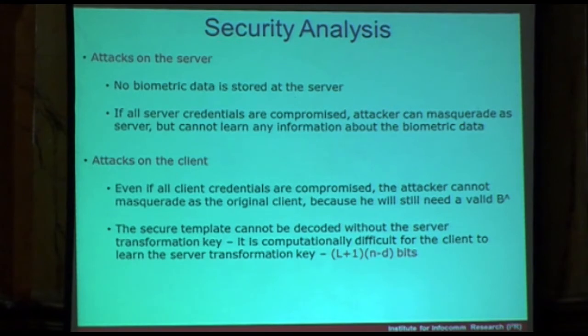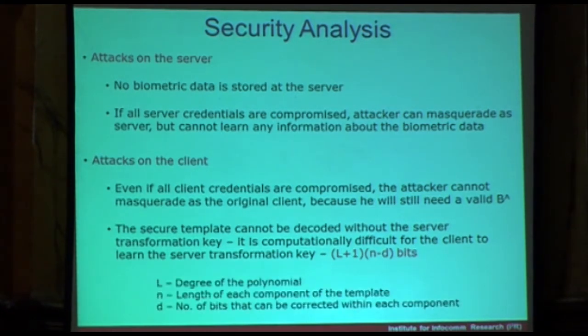It wants to recover the server transformation key from the secure template, but that is not easy even if you have the original biometric data. You still need to do a brute force guessing of these many bits. Here, L is the degree of the polynomial used in the error correction, N is the number of bits in each component of the template, and D is the number of bits that can be corrected within each component.